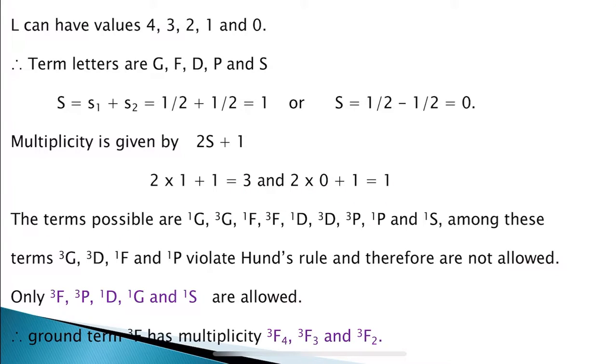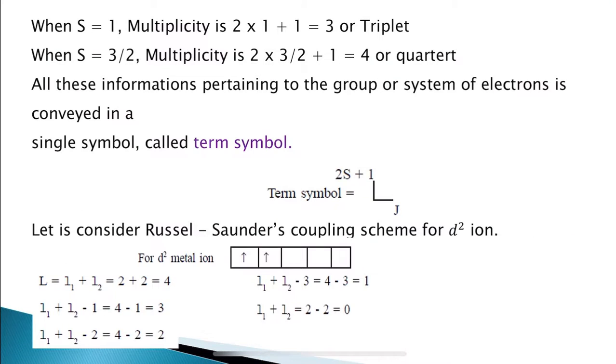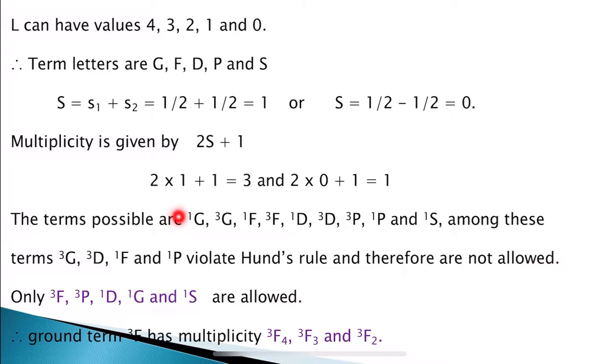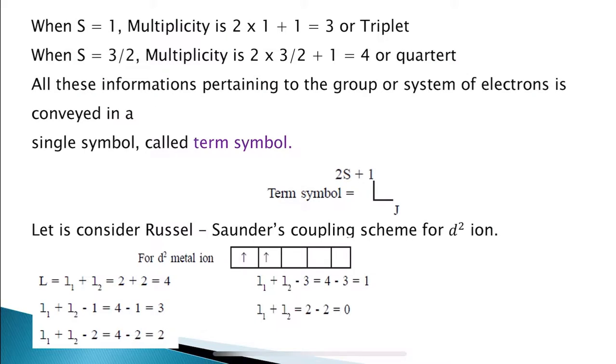Next, the terms possible are 1G. What all the terms are possible? Here we consider the multiplicity also, so we have to write the multiplicity in the upper left of the L value.